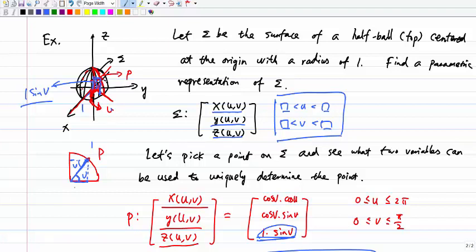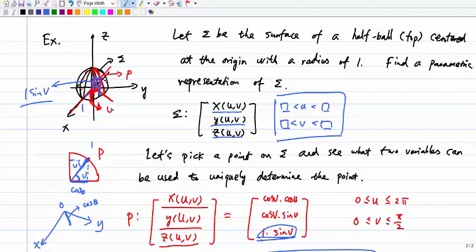This length is cosine v, as you can imagine. If I draw the xy domain and project the point down to the x-y plane, I have this point over here, and this length is just cosine v.